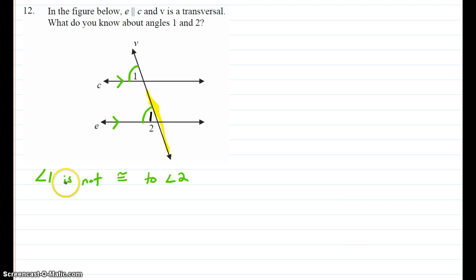And so we know that angle 1 is not equal to angle 2, but we also know that angle 1 and angle 2, I'm not going to say linear pair, but I am going to say that they are supplementary. And the reason I don't call them a linear pair is because in this original drawing they don't touch. So by definition they're not a linear pair, but they are supplementary. So we know these two things about angles 1 and 2.